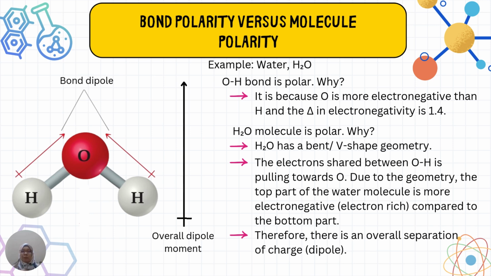The electrons shared between the O-H bonds are all pulling towards the oxygen. Due to the geometry, the top part of the water molecule is electron-rich, while the bottom part is electropositive. Due to this separation of charge, the whole water molecule is polar.